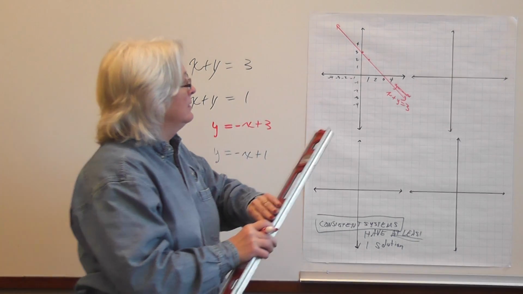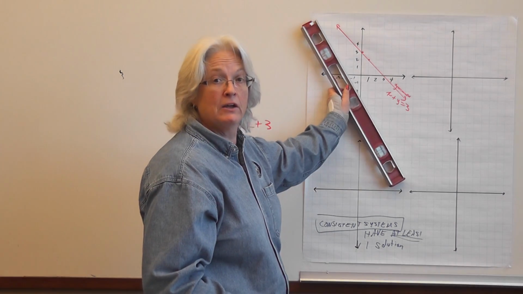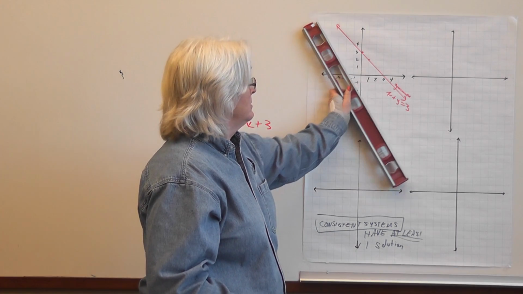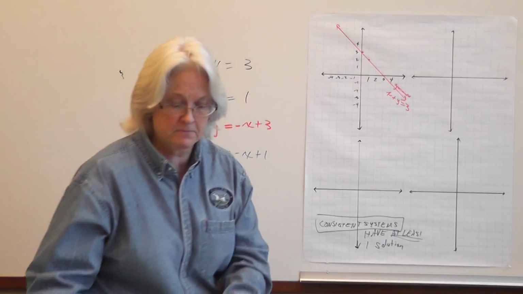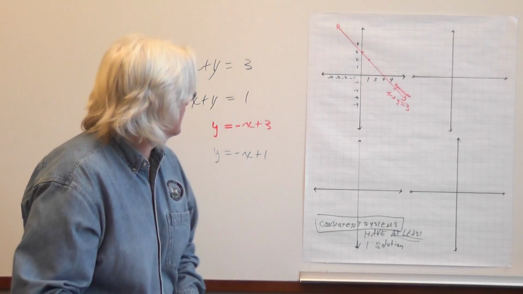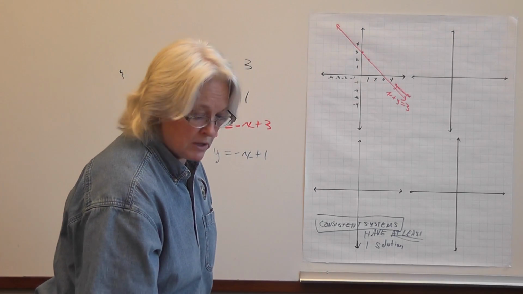So what's that going to mean? Every line that has a slope of -1 is going to be parallel to that. Well, let's see what happens. Our second equation says y is equal to -x plus 1.